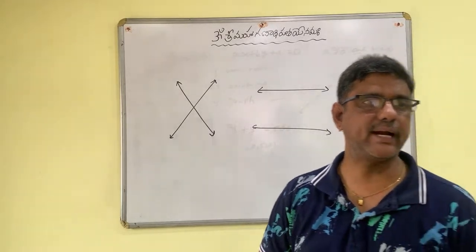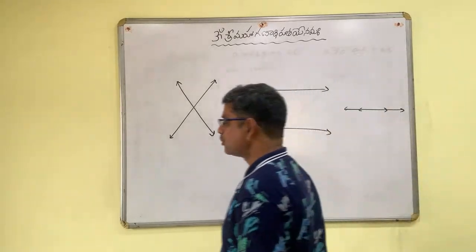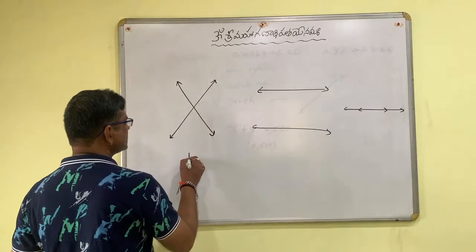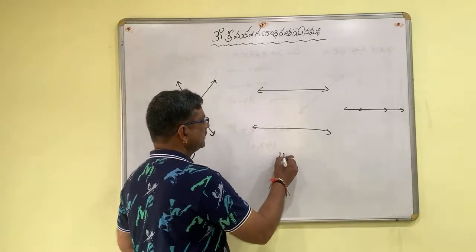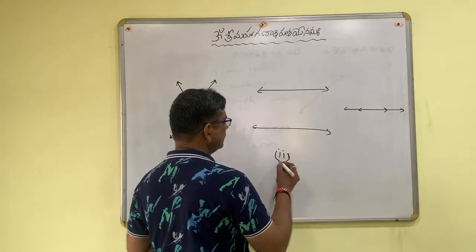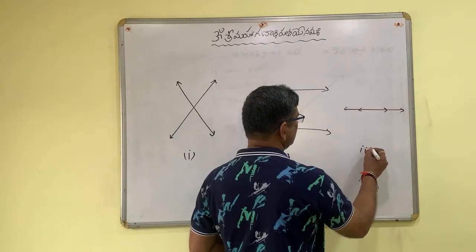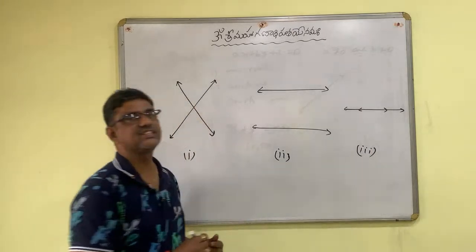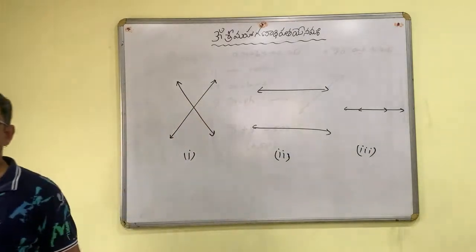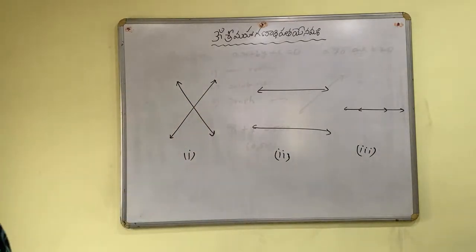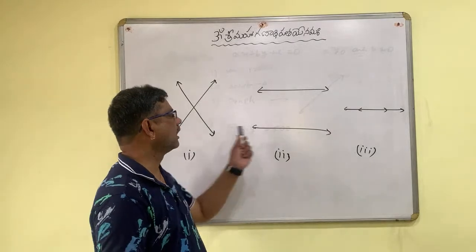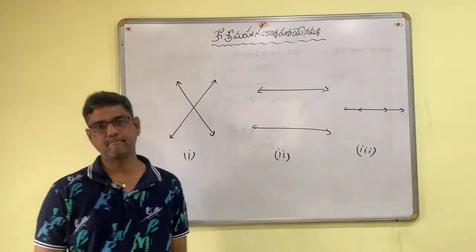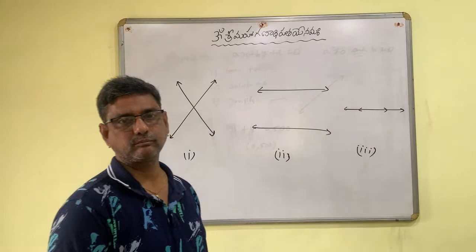Those two straight lines may be intersecting, they may not be intersecting, or they will coincide each other. One of these three situations will occur. Either this or this or this. Okay.